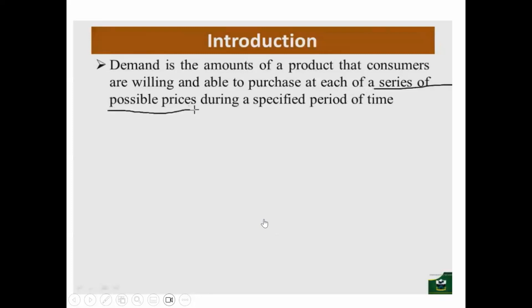So we have a series of possible prices, and we are also looking at a specified period of time, not just at a point in time. Meaning, for us to consider demand, we need to have a series, a different or various amounts of prices, and then over a specified period of time.